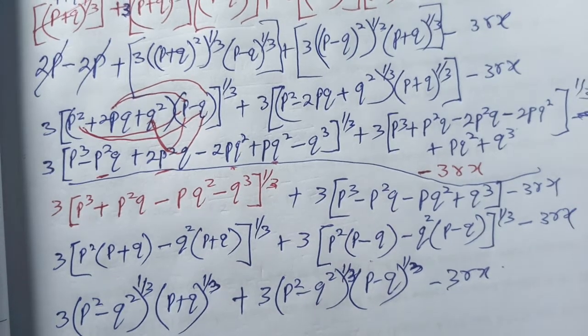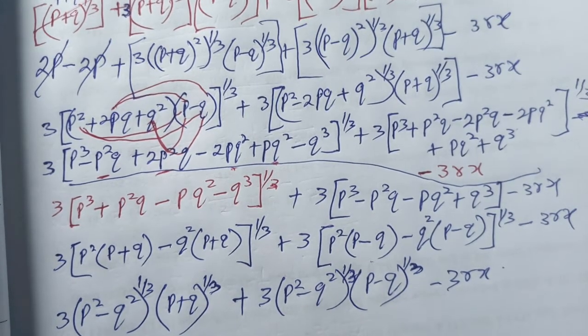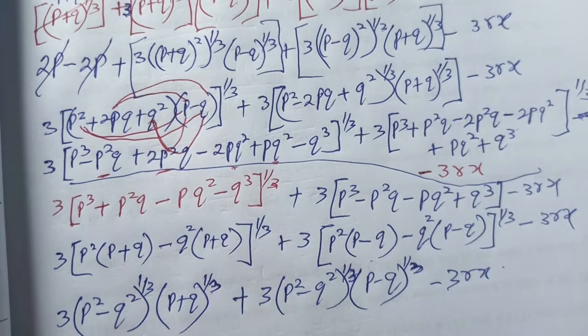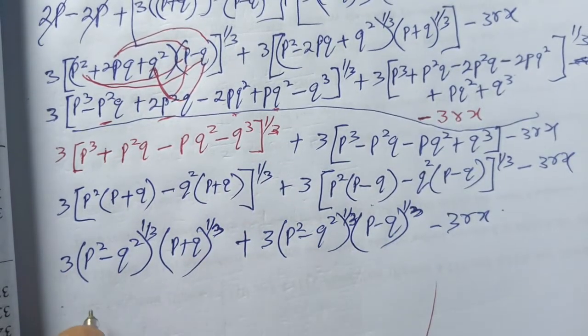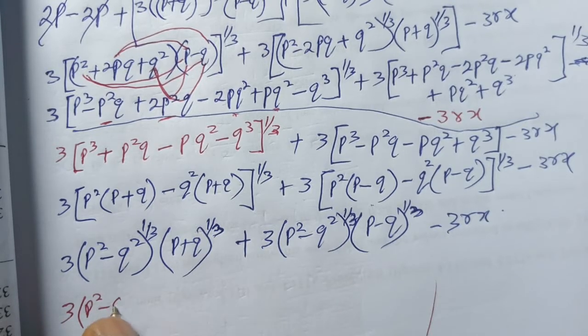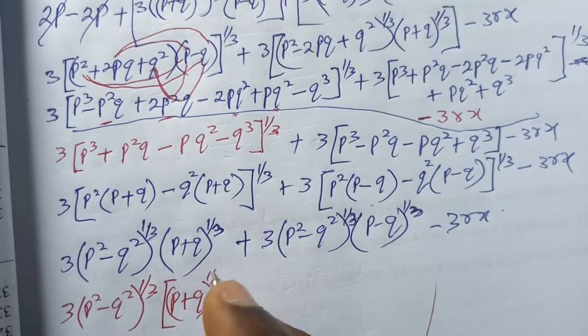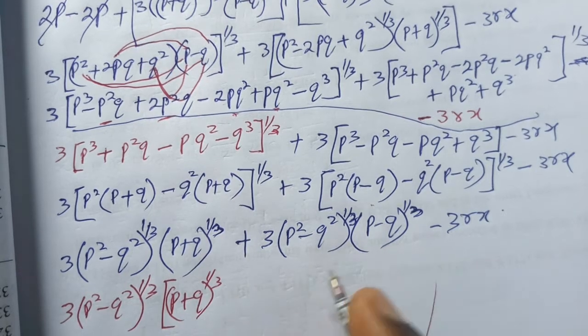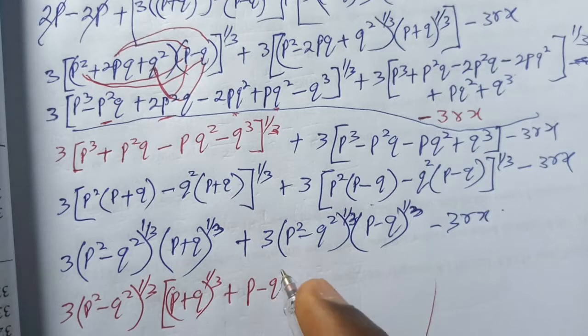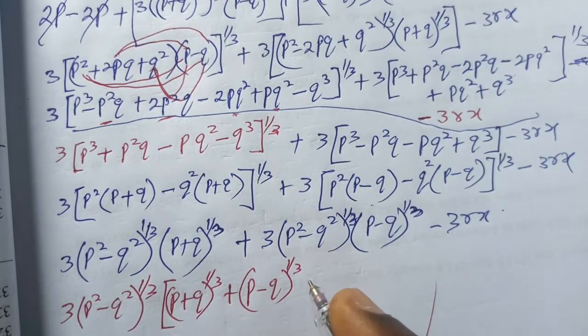If we factor out this one, we'll have 3(p squared minus q squared) to the 1 over 3 into (p plus q) to the 1 over 3 plus (p minus q) raised to 1 over 3.